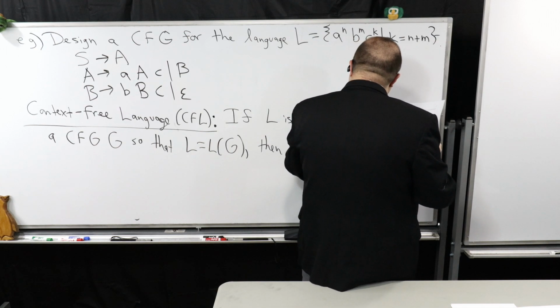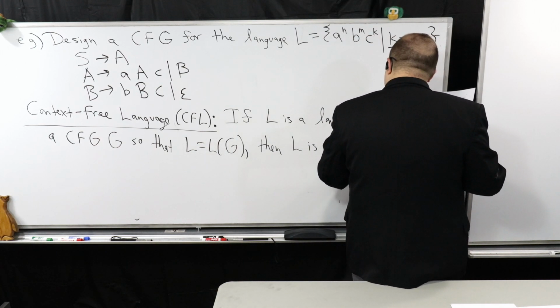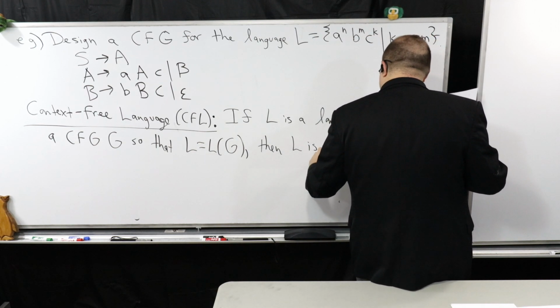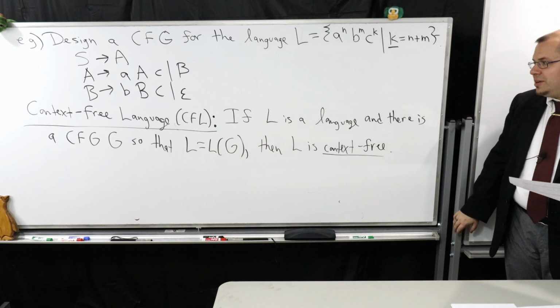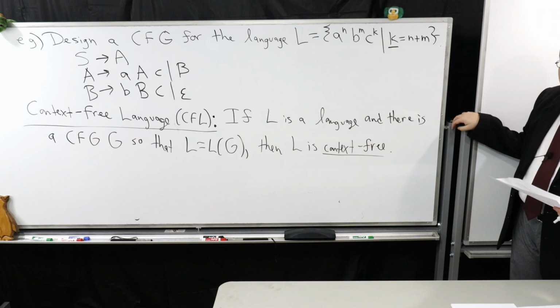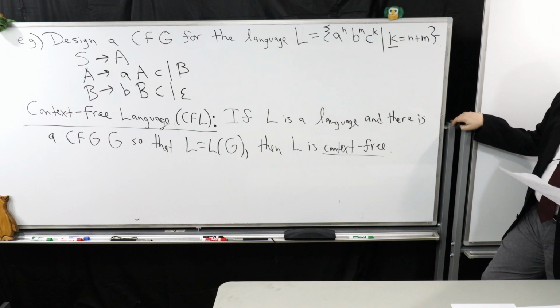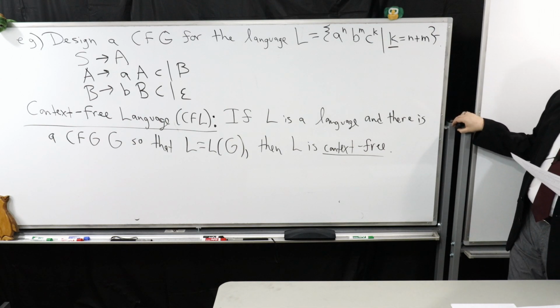It's what you would expect. Nothing fancy-pantsy with this definition. It just simply means if I have a context-free grammar for it, you could say right away that, oh yeah, it has to be context-free. Now, it may be other things, but it most certainly is context-free.